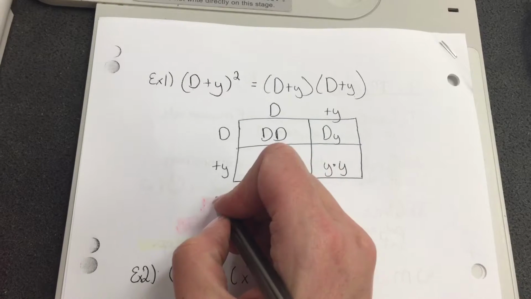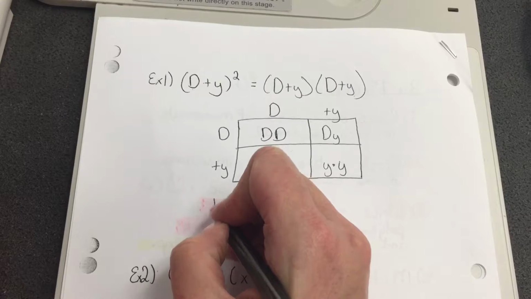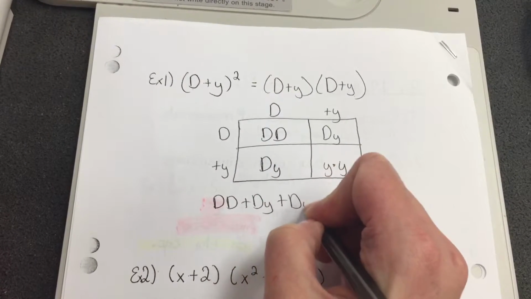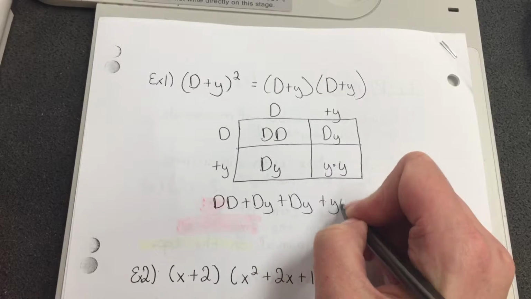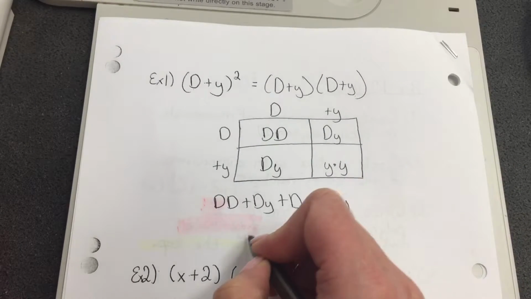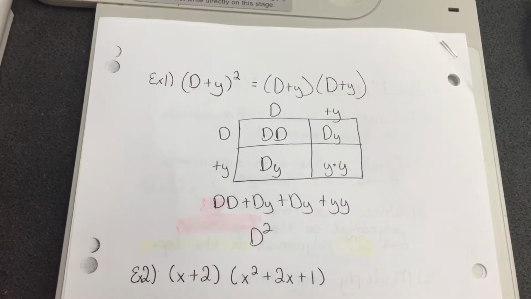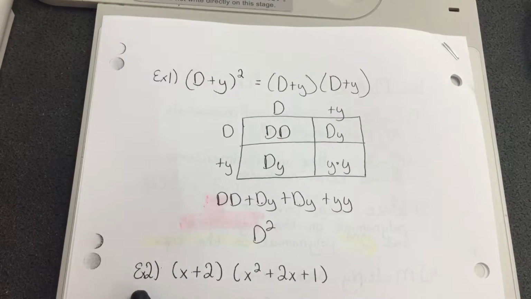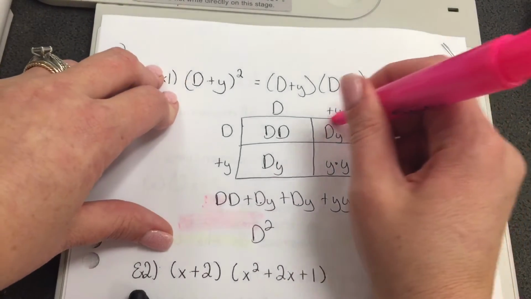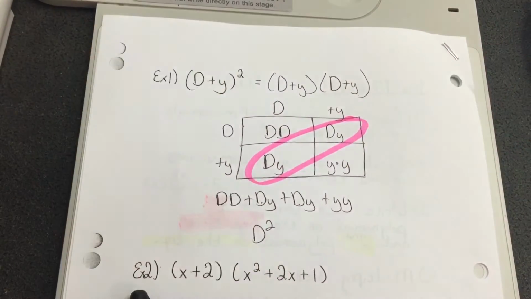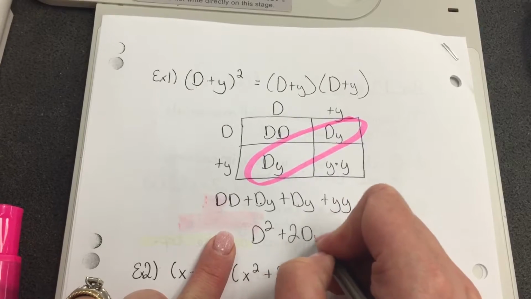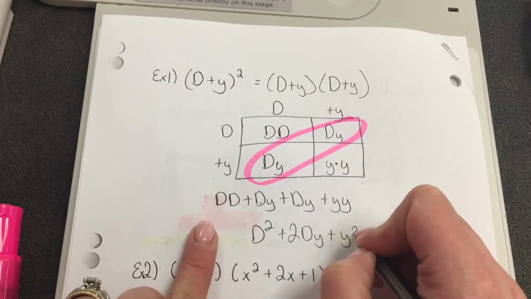So if you were to write this out, you have D squared plus Dy plus Dy plus y squared. Simplified, D squared. Now I have 2 of these, and if you look, your like terms are on the diagonal. So you have plus 2Dy plus y squared.